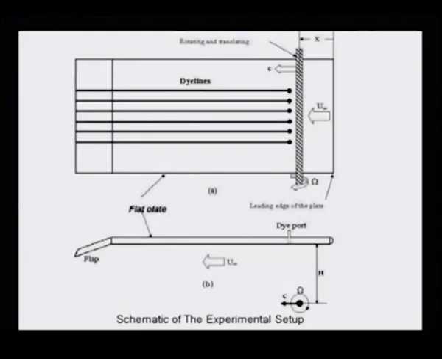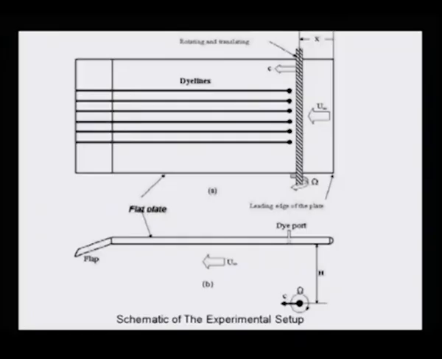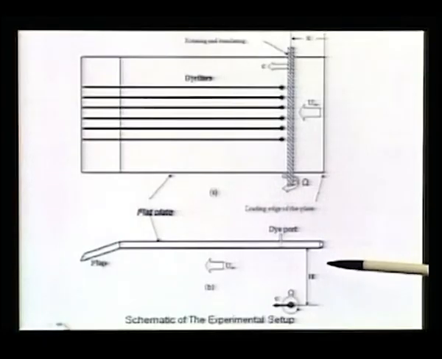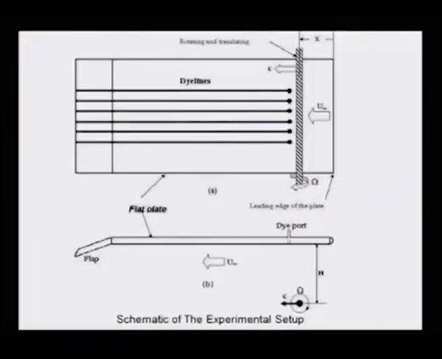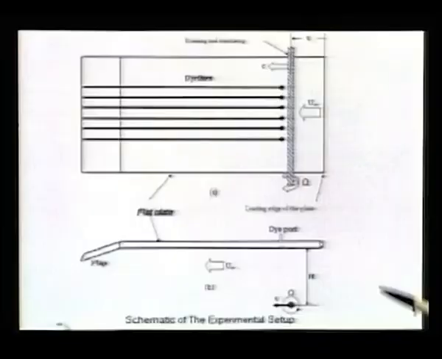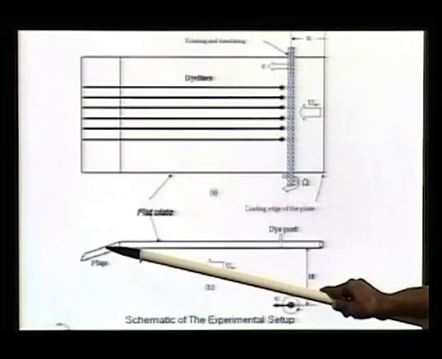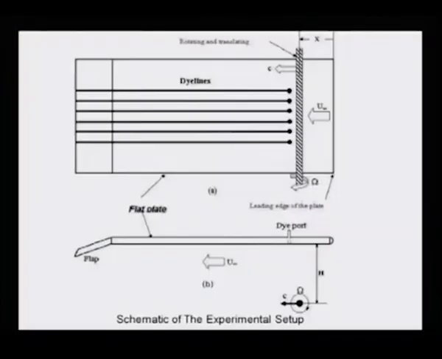In all flat plate experiments that you do in a tunnel, you always need some such flap to control the flow, because although you may say it's coming like this, you'll always have some kind of flow angularity. To offset that and to create a perfect zero pressure gradient boundary layer, you need an adjustable flap. This is a usual trick of the trade.